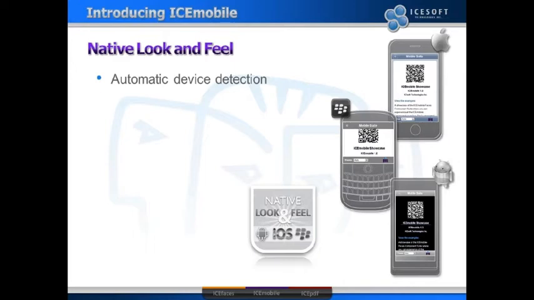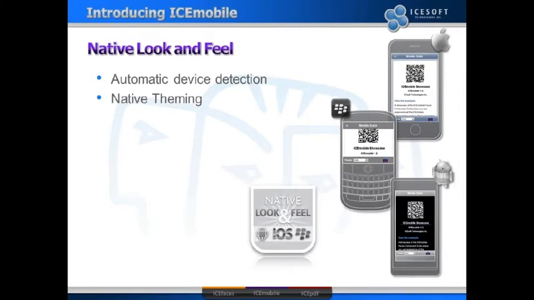By just using ICEmobile and the ICEmobile tags, you automatically get this device adaptation. So your apps can look much more like native apps for the particular platform without having to worry about all this custom CSS and design yourself.